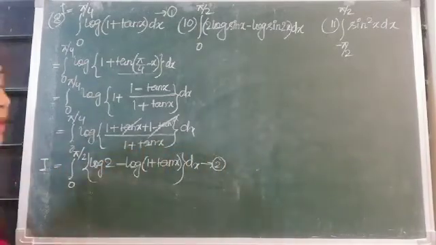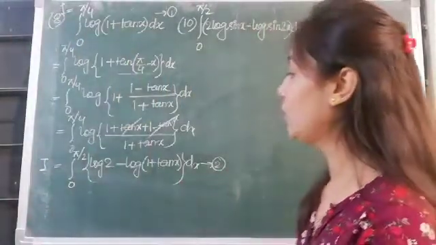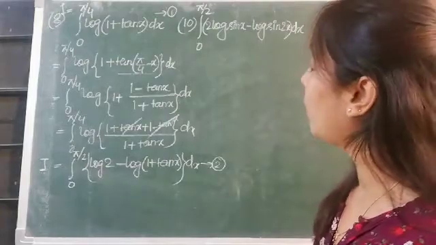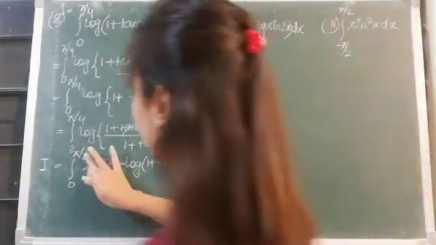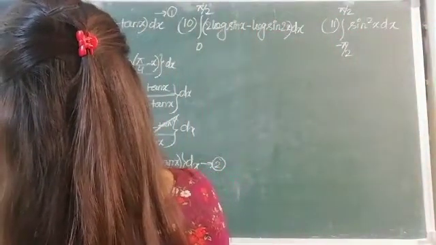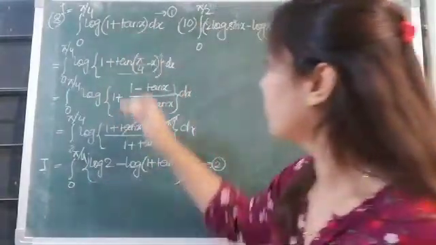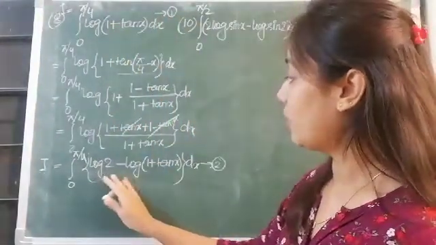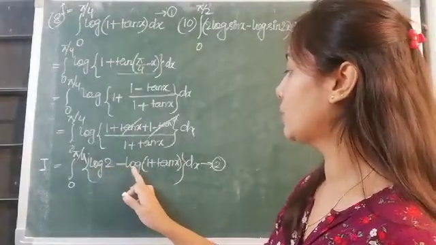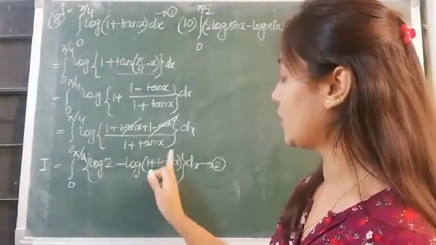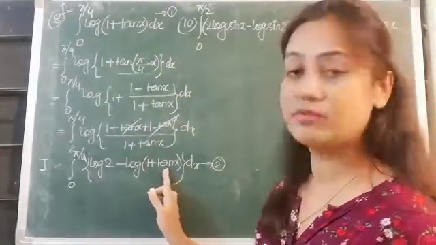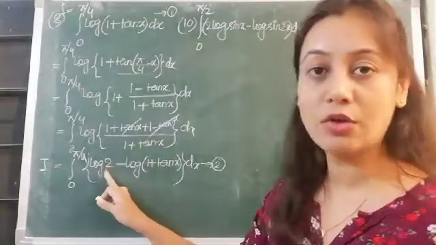Now adding 1 and 2, the left hand side will be I plus I, that is equal to twice I. On the right hand side, adding, you will get log 1 plus tan x plus log 2 minus log 1 plus tan x. The log 1 plus tan x and minus log 1 plus tan x will get cancelled. So you are left with only log 2.